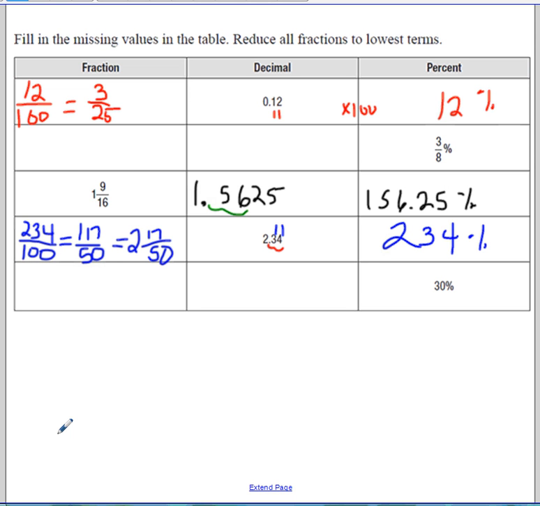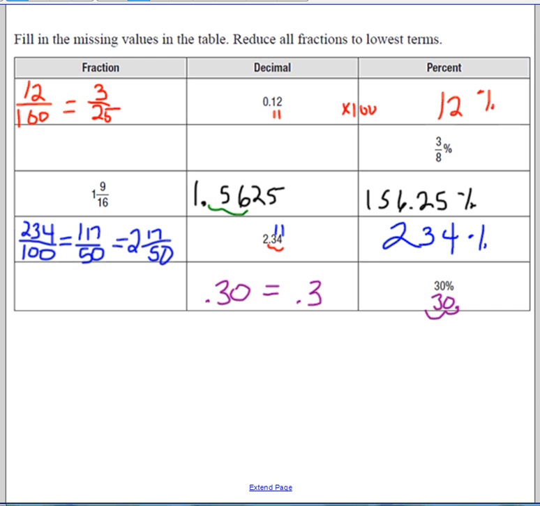Now let's look at percent to decimal to fraction. And we're going to start with the 30% because it's easier. And so 30%, we know that that decimal would be at the end. So we need to go 2 spaces to the left to get our decimal equivalent, or 0.30, which we know we can drop that 0 and make it 0.3.